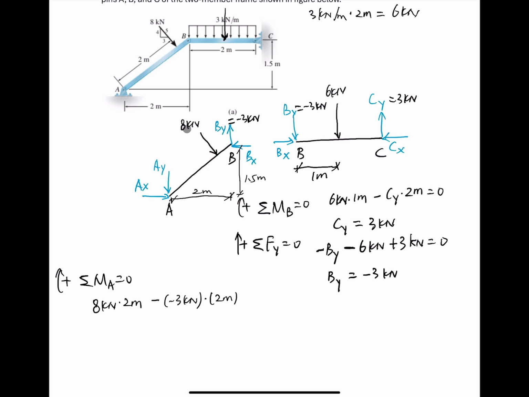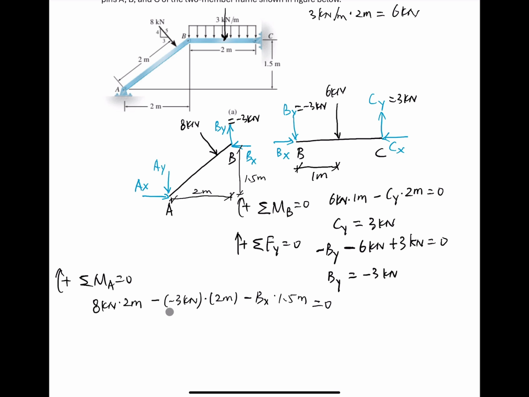This is the lever arm of By. And let's look at the Bx, it also goes counterclockwise, so it's negative. Bx times the lever arm is 1.5 meter, equal to 0.